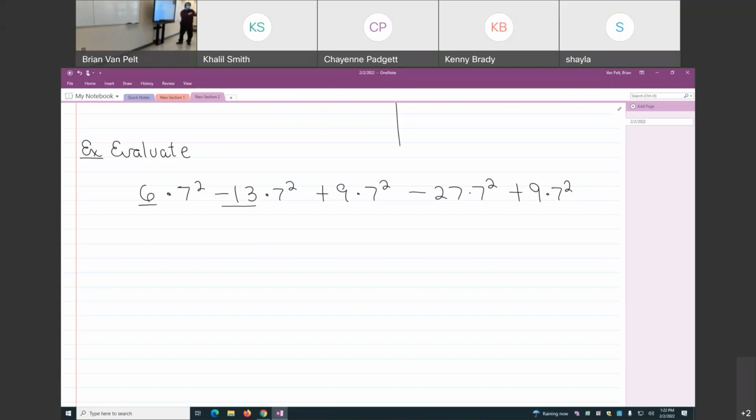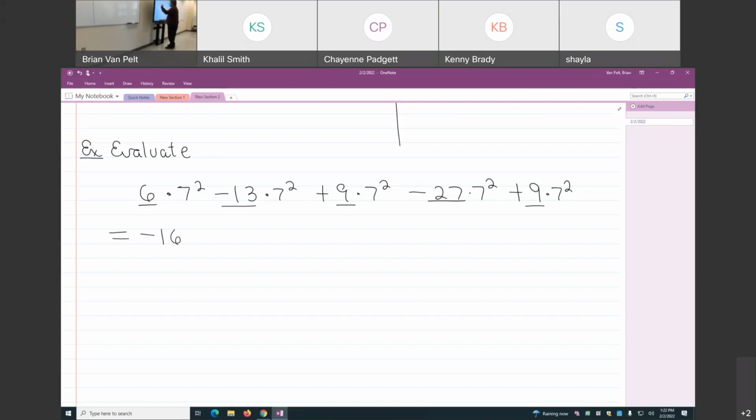It's -7, so keep with me. -7 plus 9. Positive 2. Positive 2 minus 27. -25 plus 9. -25 plus 9 is -16.